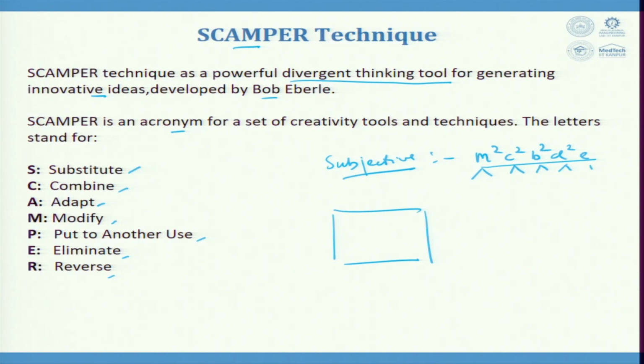So what was used for cleaning keyboards or intricate parts, the cotton bud on one side, is used to clean your ears on the other side. So you see that you are putting it to another use. A stapler pin device which was used for stapling is now used as a paperweight. Then eliminate whatever is not necessary, and you try to reverse the sequence or whatever it is.